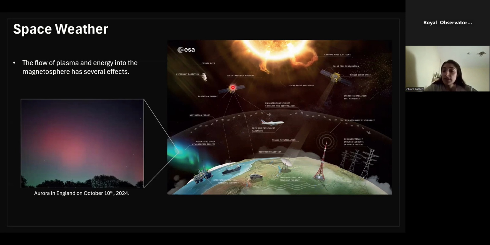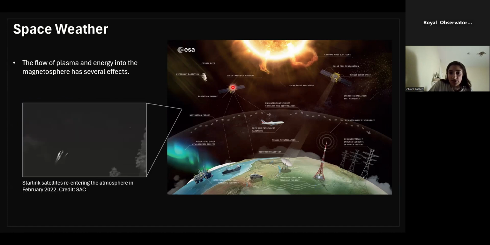And this increase in energy in the system can cause the atmosphere to swell, causing a problem called satellite drag. So satellites will encounter denser air during their orbit, which will make them change their orbit.